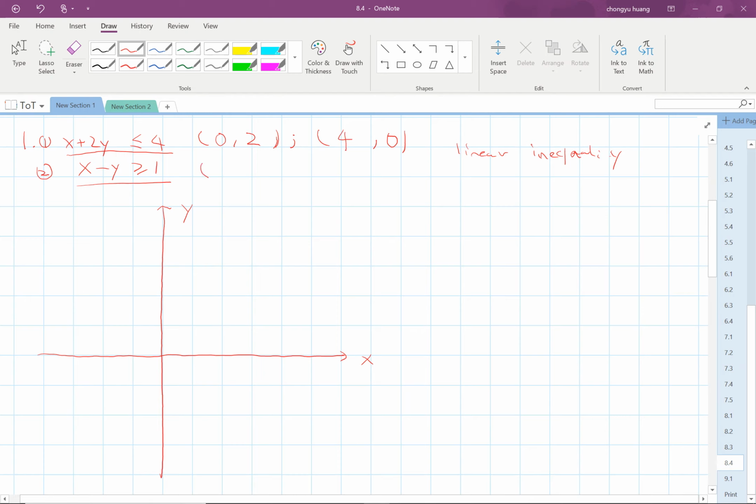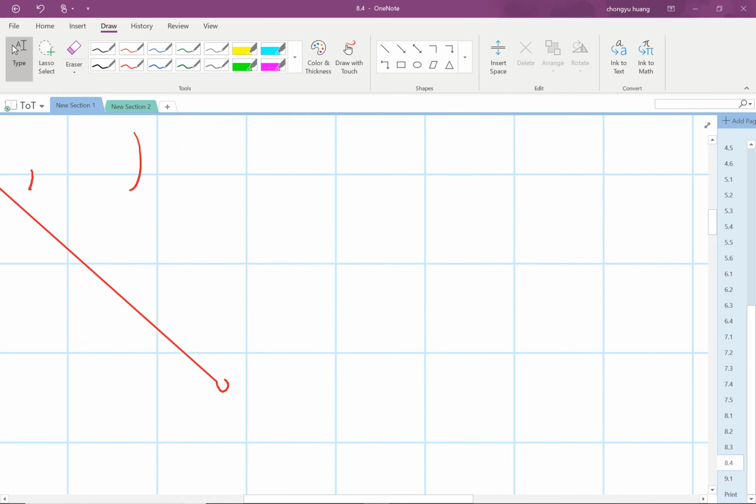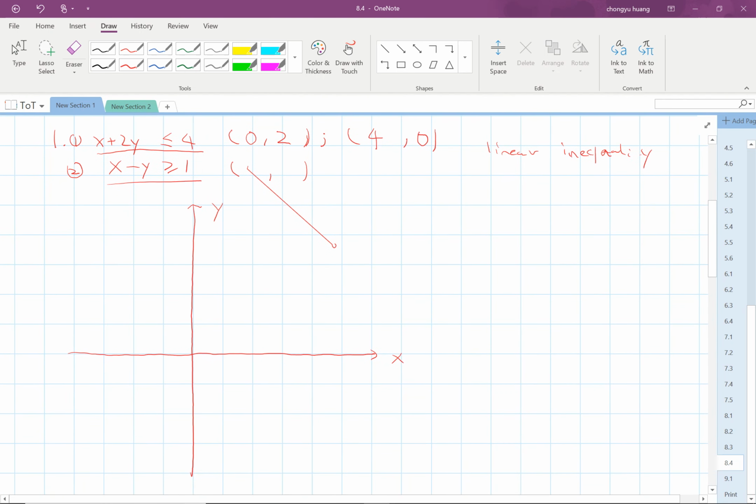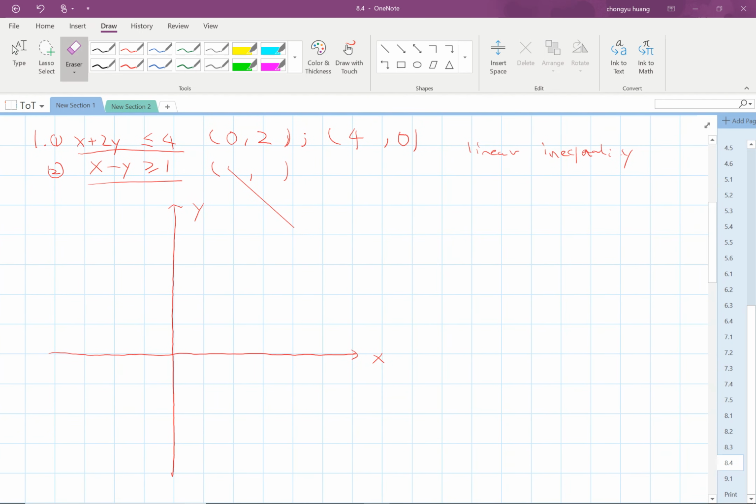We do the same thing for equation 2. If x equals 0, then y equals -1, and if y equals 0, then x equals 1.